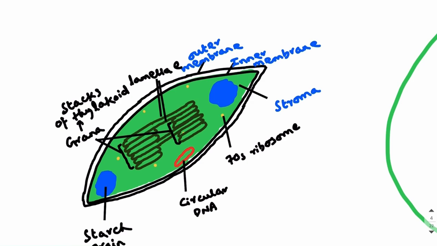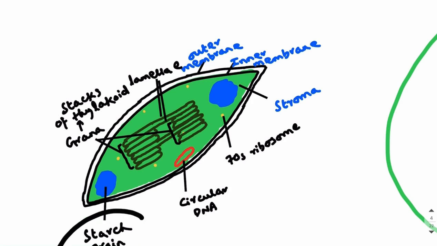We can see that chloroplast has inner and outer membrane, and these membranes basically allow compartmentalization. And what is meant by compartmentalization? These membranes are separating the processes going on in chloroplast from cytoplasm and from other organelles. This is called compartmentalization.